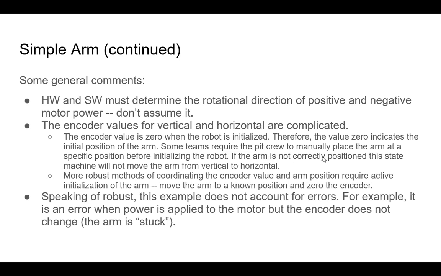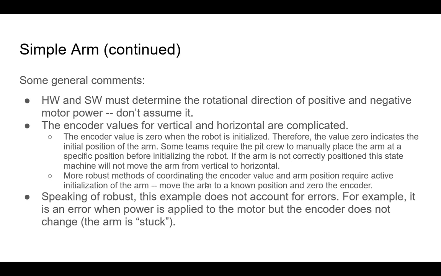If they do not set the arm correctly, you get a disaster, because all of a sudden 0 is not vertical, 0 is something else. Then when you run your software, you'll drive the arm either below horizontal or beyond vertical, and that could break the arm depending on what's behind it.